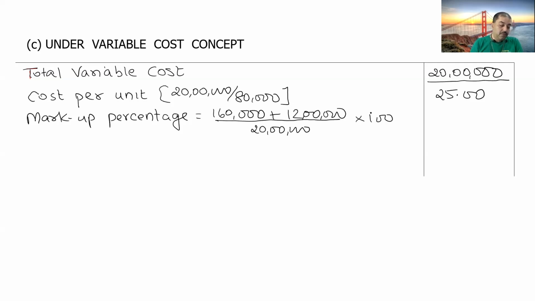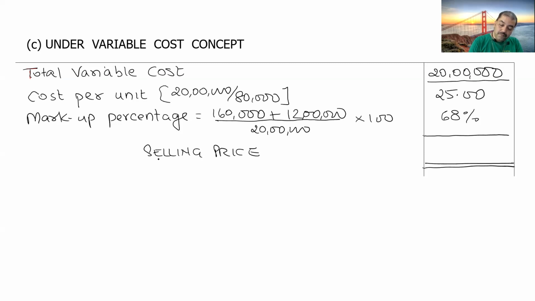How much? 68%. Selling price: 25 plus 68%. 42 rupees.